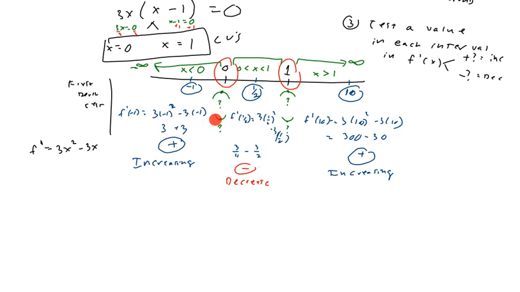Picture in your mind, what's the graph doing? Increasing, and then we reach something, and then we're decreasing. Graph is increasing up to this point here at 0, and then it decreases. Are we going to have a max or a min?